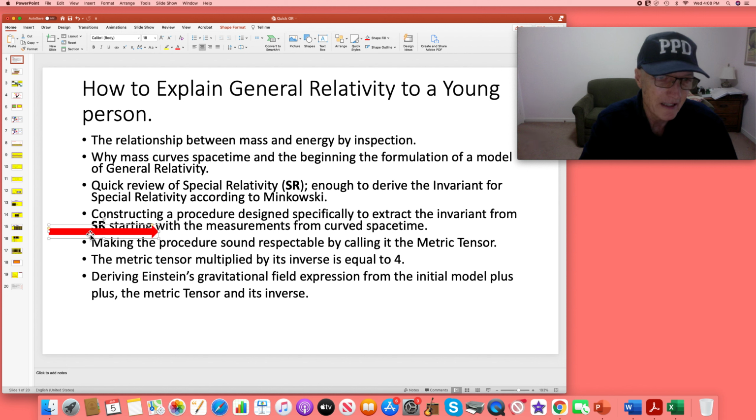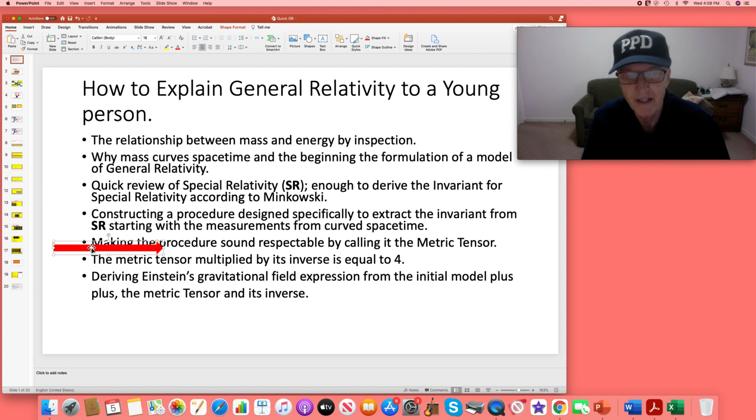And then we determine, again by inspection, that the metric tensor multiplied by its inverse is equal to 4. That turns out to be key, the number 4. That's why you can explain it to young people, because the number 4 plays a big role in this explanation.